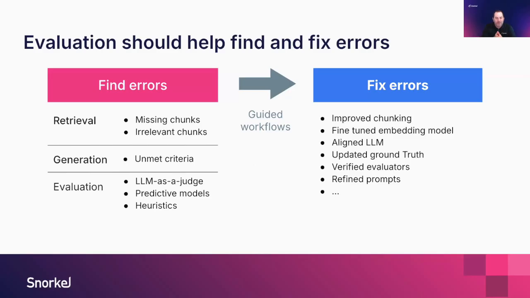So, for example, we might have evaluators that are very oriented towards RAG. Is the chunk used for the response? What percentage of the chunk is used for the response? Is the response based entirely on the context? If we see failures here, then we can look at, okay, we need a better chunking algorithm, or maybe we need to fine tune our embedding model.